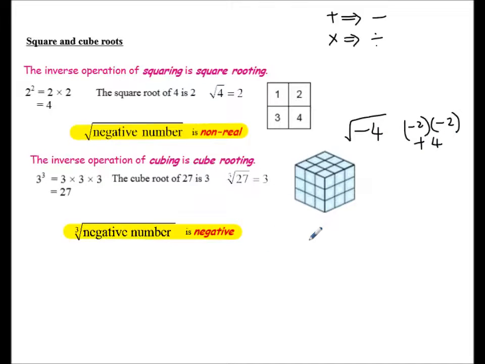The cube root of a negative number, so for example, if I asked you to find the cube root of negative 8, you would have negative 2 multiplied by negative 2 multiplied by negative 2. So the cube root of negative 8, remember, would be negative 2.